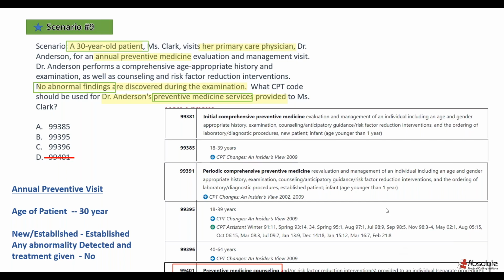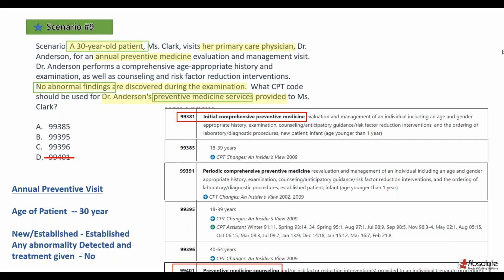Now coming back to our options, let's quickly look at what 99401 is coding for. That's for preventive medicine counseling and or risk factor reduction intervention provided to an individual, separate procedure, approximately 15 minutes. Now this is for preventive medicine counseling, and we had an annual preventive visit, so this is not coding for what our scenario requires. So option D is incorrect.